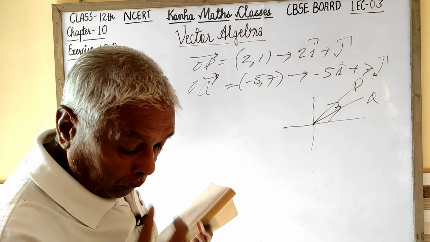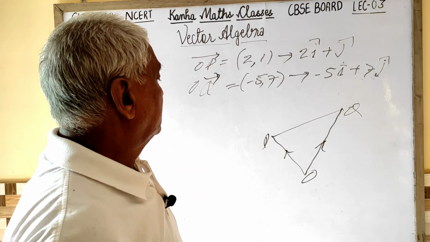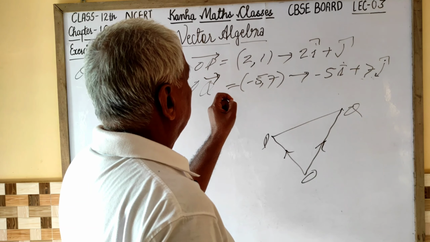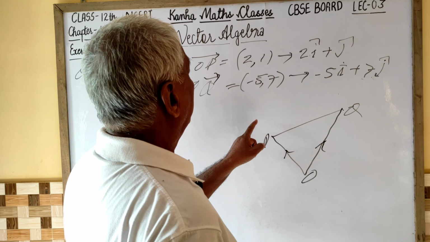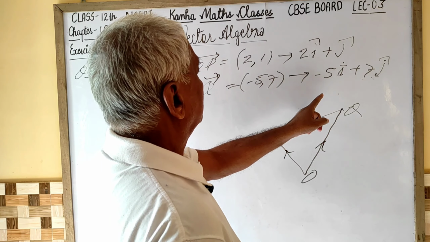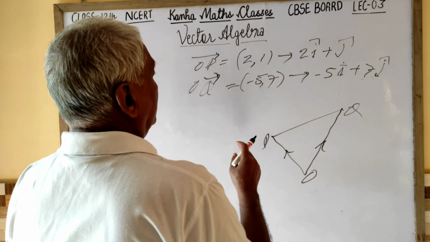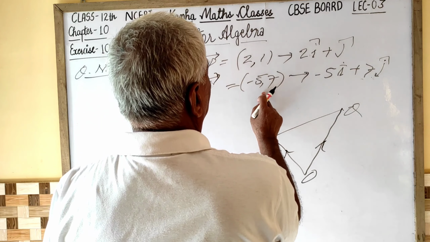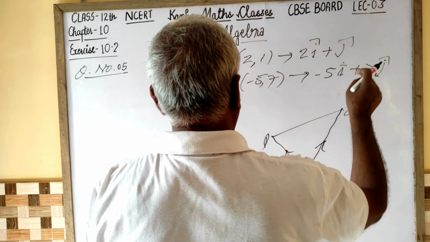Here the position vector OP is equal to 2i plus j and vector OQ is equal to minus 5i plus 7j.